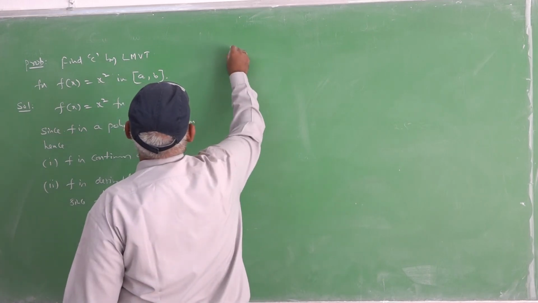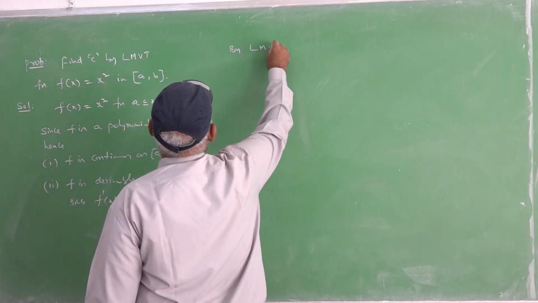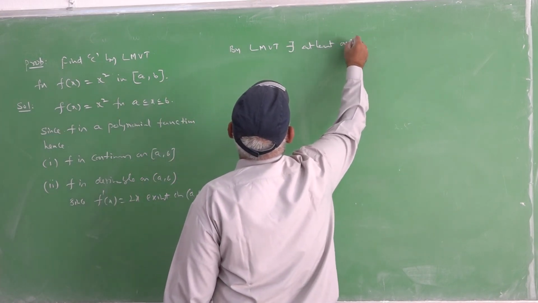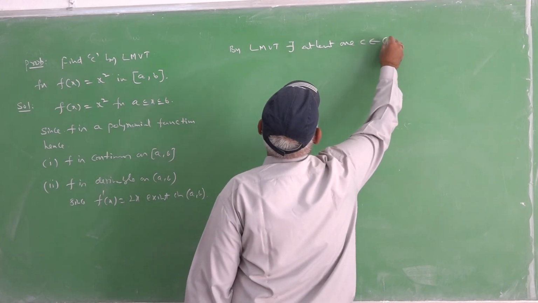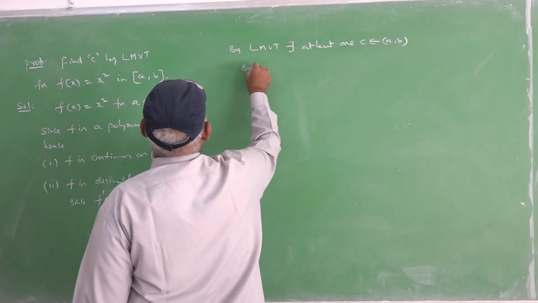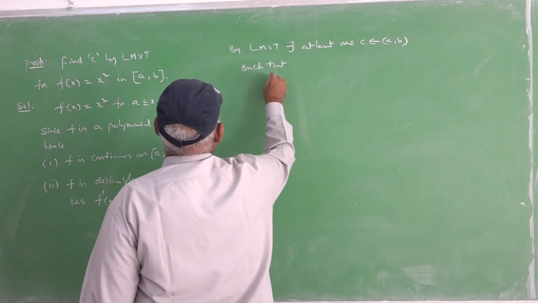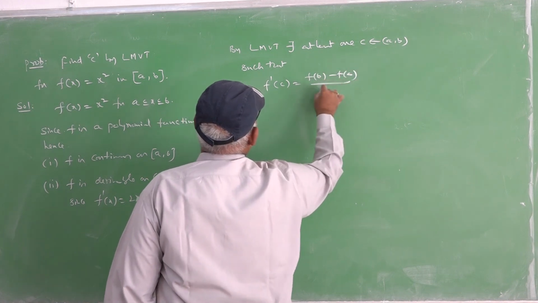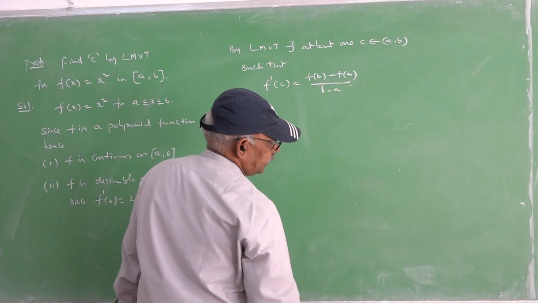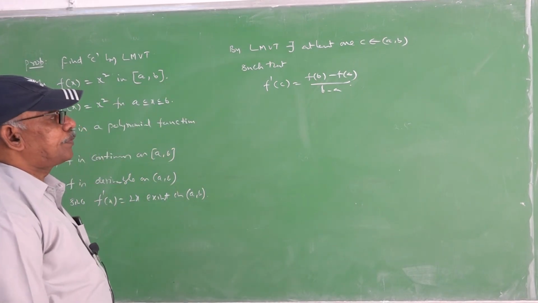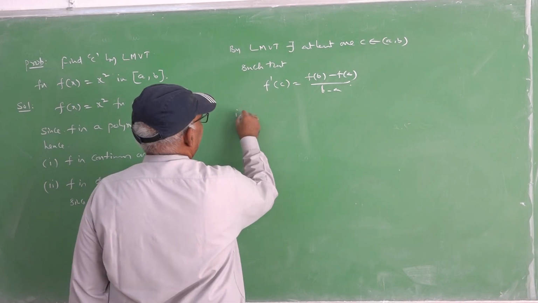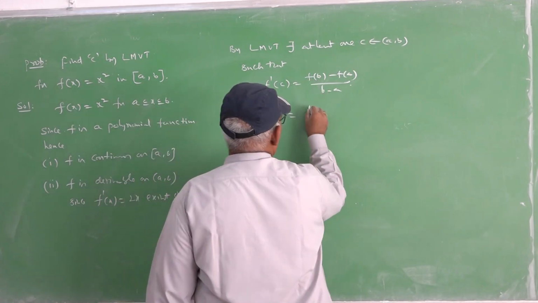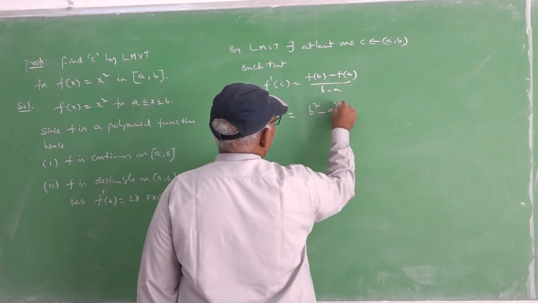So by Lagrange's mean value theorem, there exists at least one C that belongs to the open interval a, b such that f dash c equal to f of b minus f of a by b minus a. That is, 2c equal to b square minus a square by b minus a.